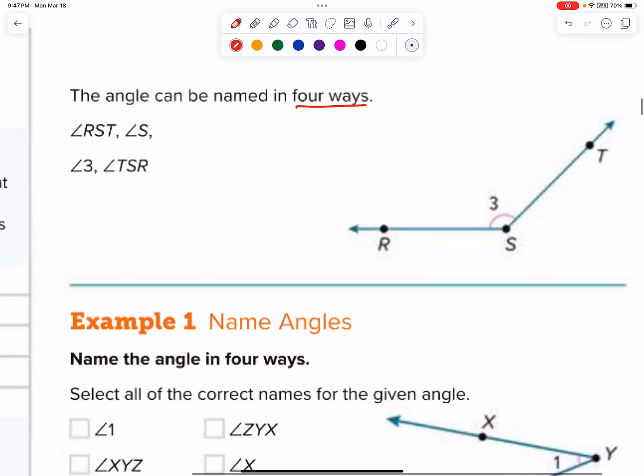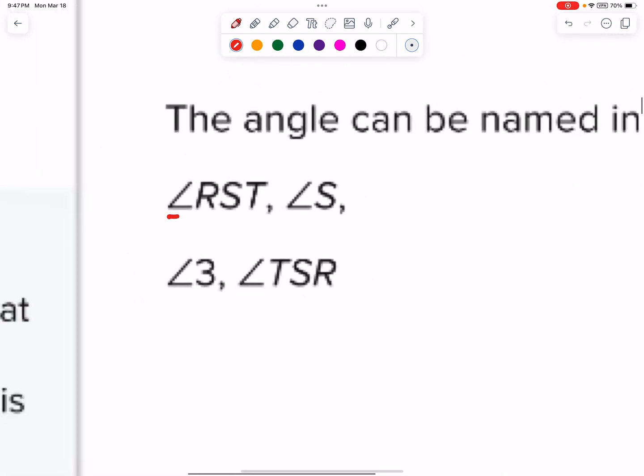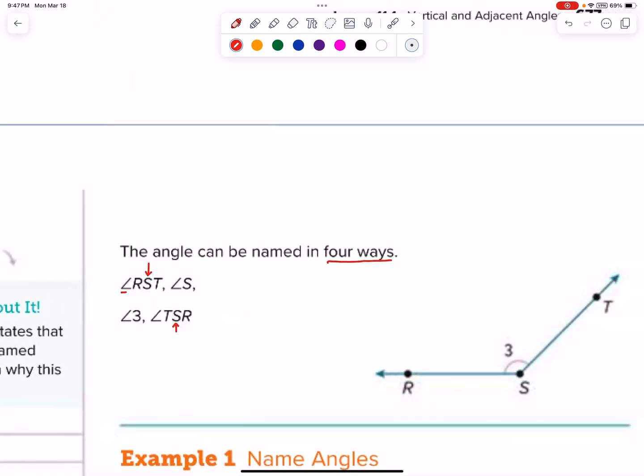One of the big things to be aware of, though, is when we say angle RST, the S is the actual angle vertex itself. So you could say TSR or RST, as long as the S is where that specific angle is.